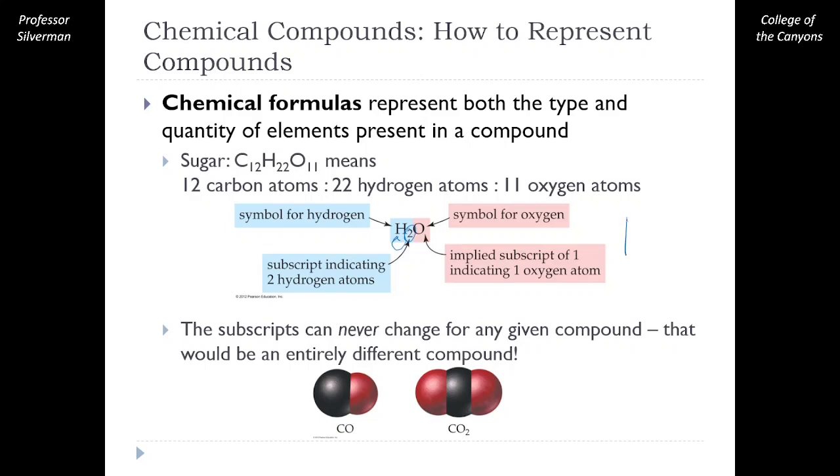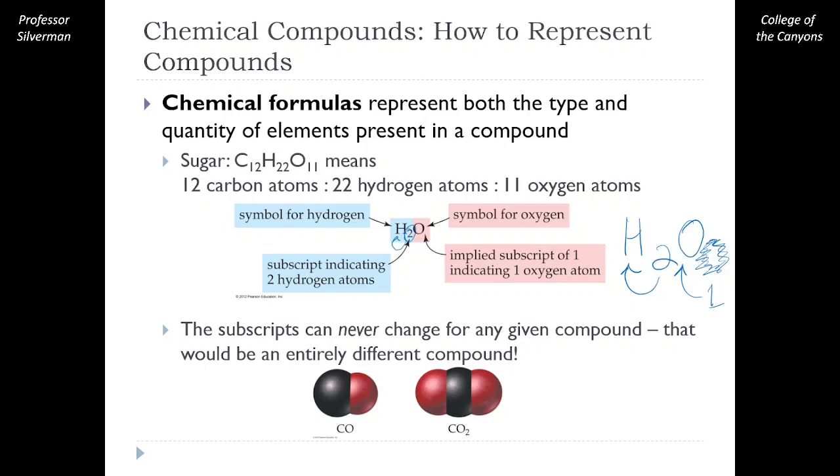Here in this formula H2O, that 2 is attached to the hydrogen, telling you that there are 2 hydrogens. The oxygen afterwards does not have a value after it, which means that there is just one of those oxygens.